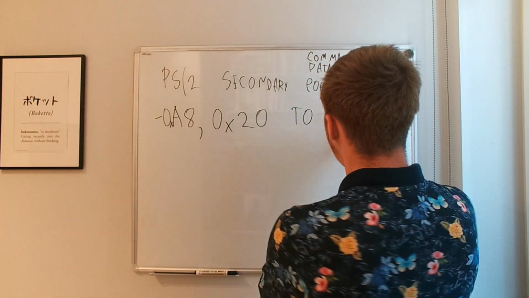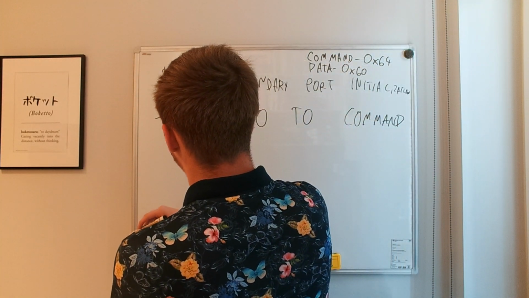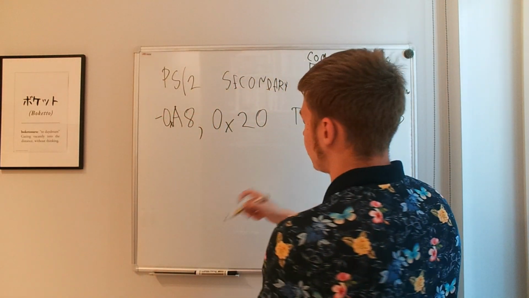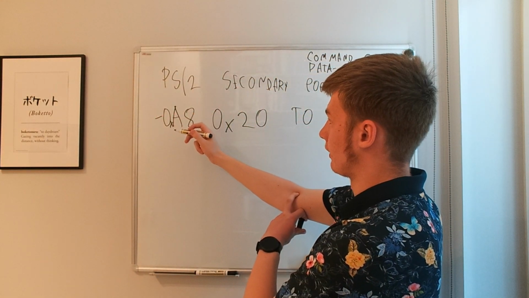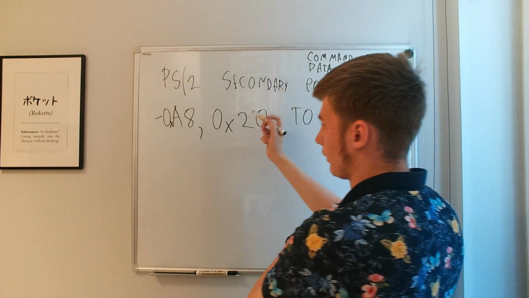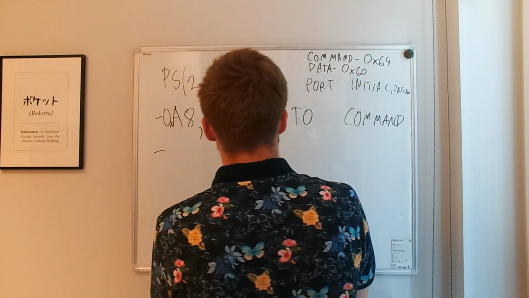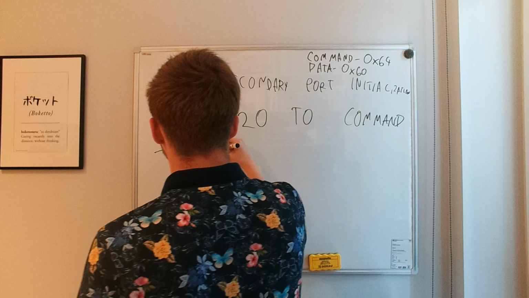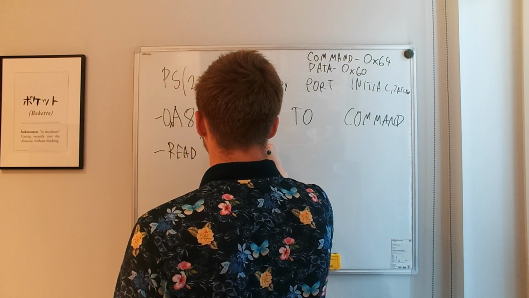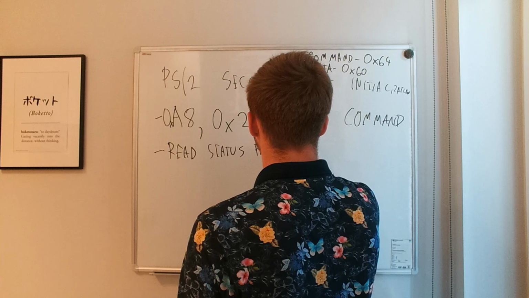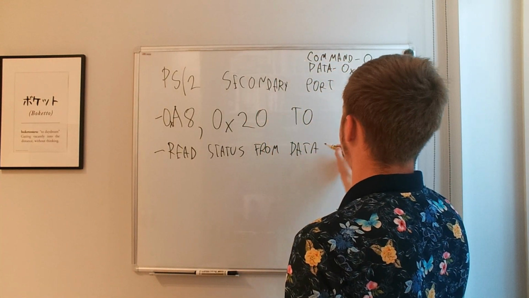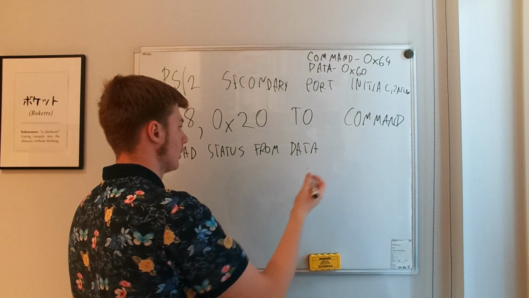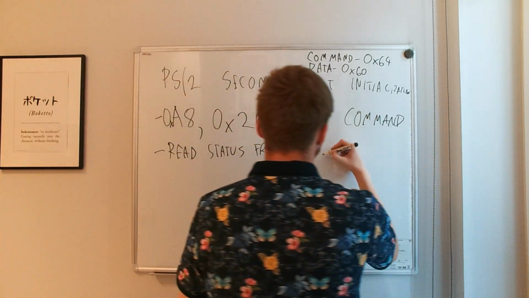So we've sent this to the command port in order to say that we want to do something with the secondary PS2 port and that we want to obtain the status. And now we're going to read the status from data, by which I obviously mean the data port, OR it with 2.